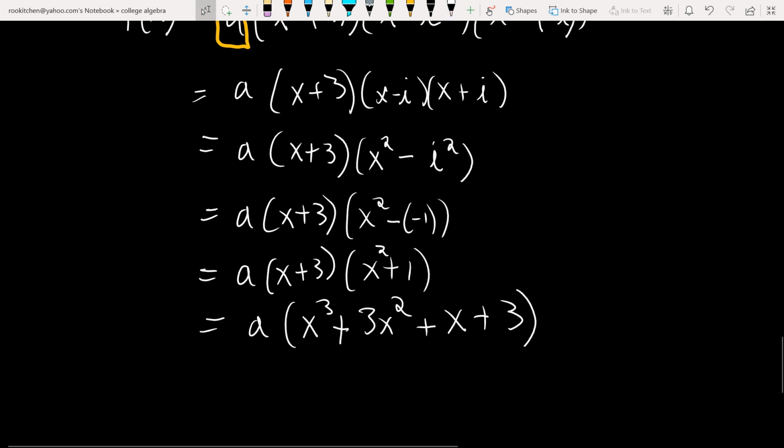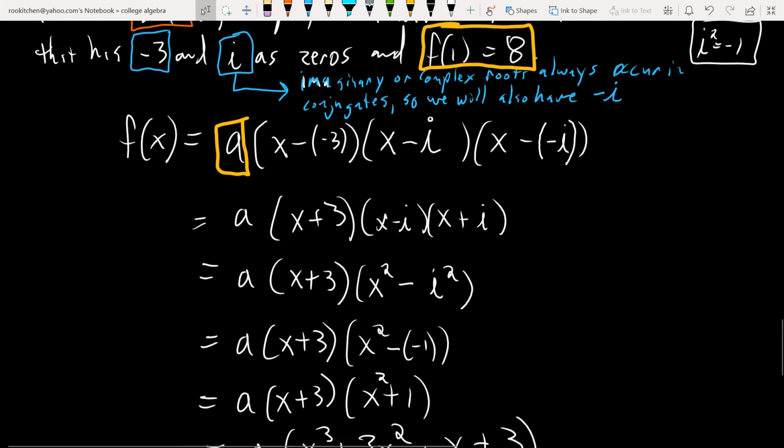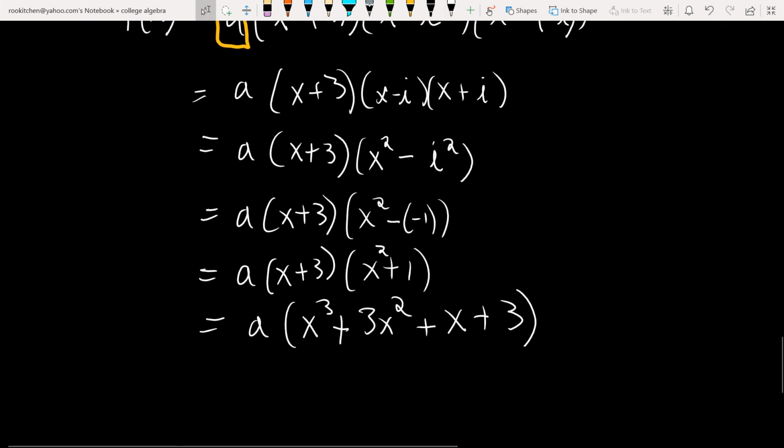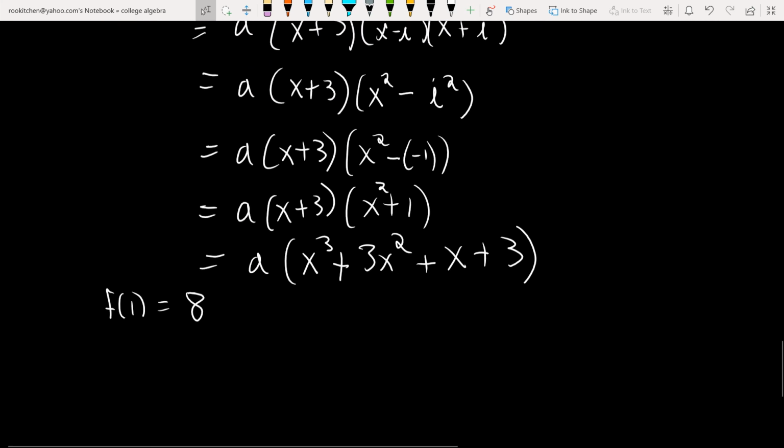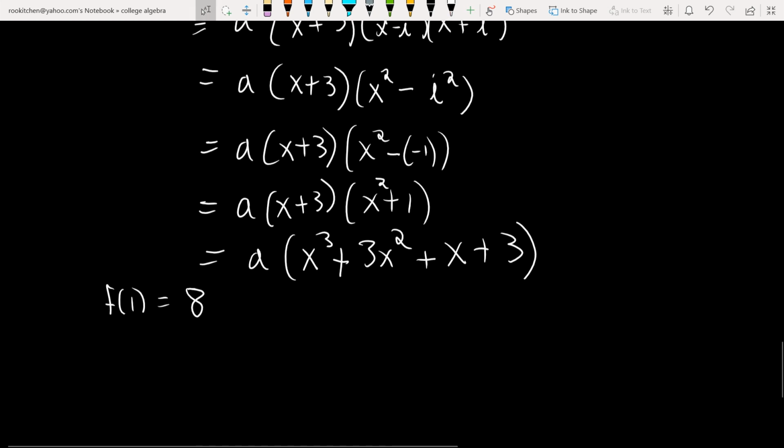I still need to get that a value. So I remind myself that f of 1 is equal to 8. That was the given information in yellow above. So how do I work this? I'm going to put 8 in for the f of x part, and then put 1 in for x on the other side, and then solve for a.